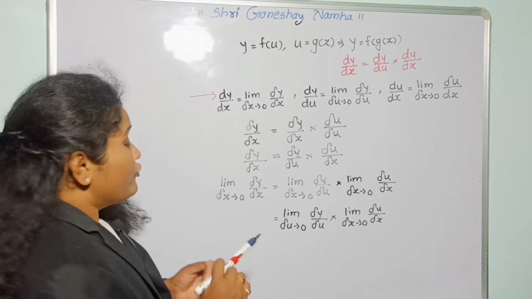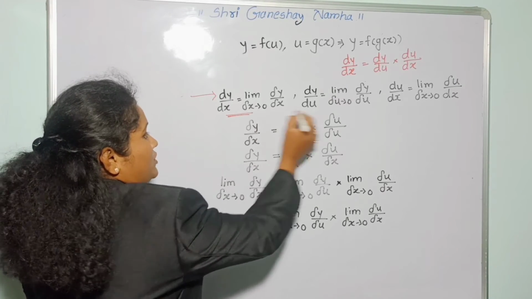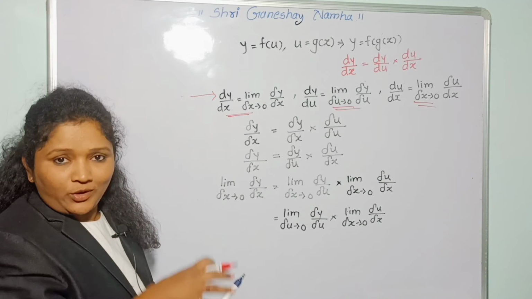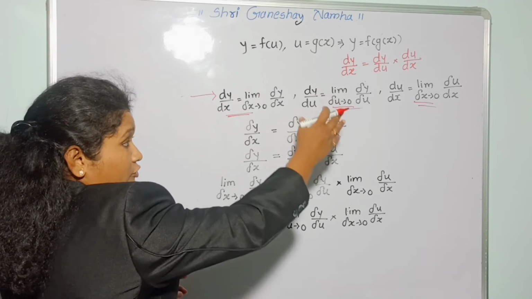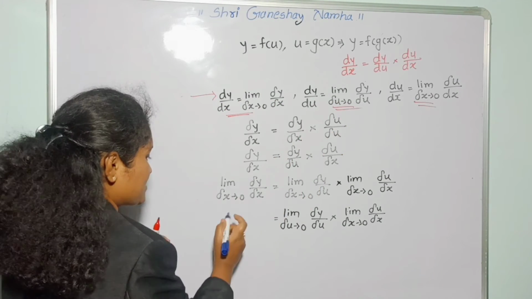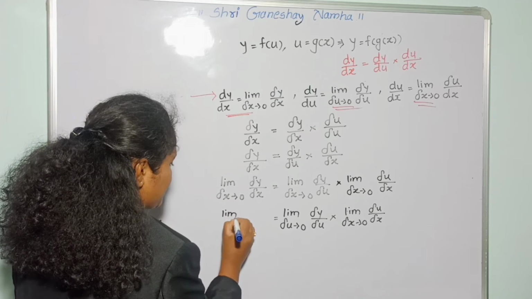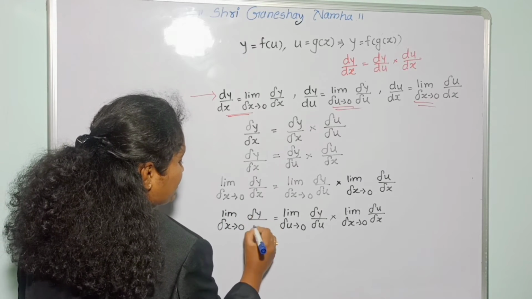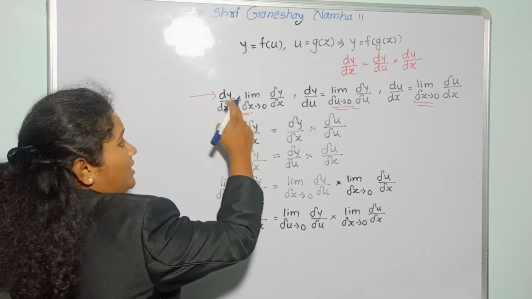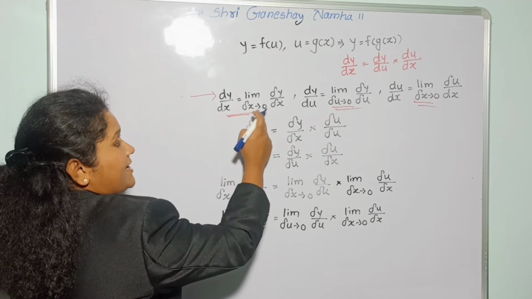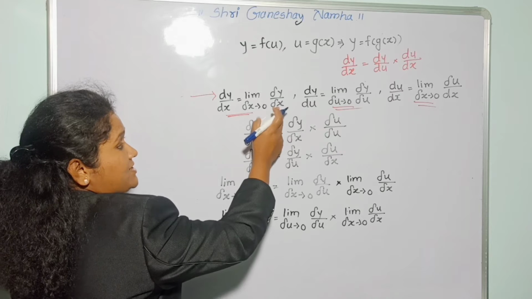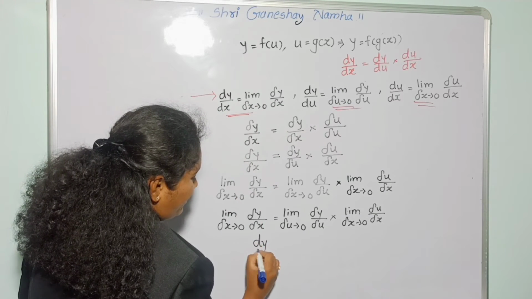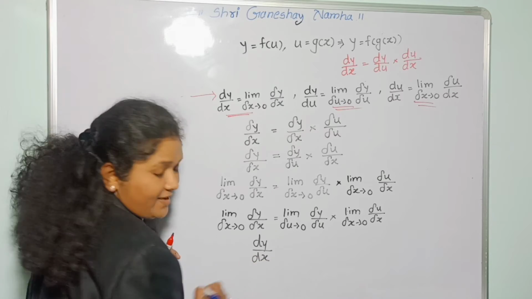Now from these three definitions we can replace these terms. We write the LHS as it is, and according to the limit delta x tends to 0 of delta y by delta x, the value of this is dy by dx.